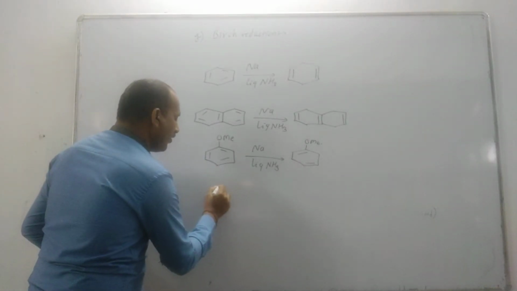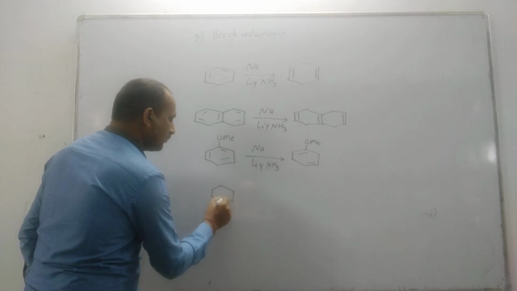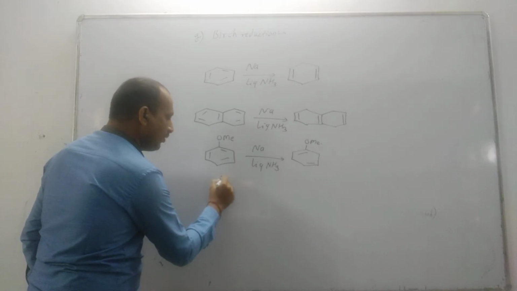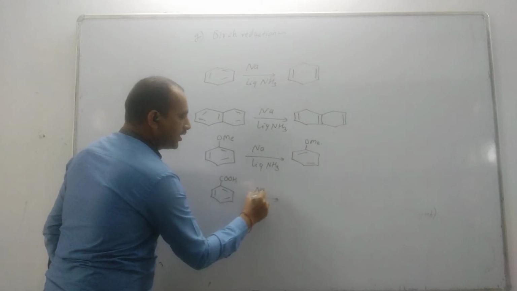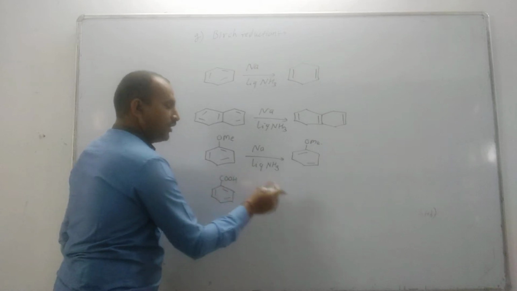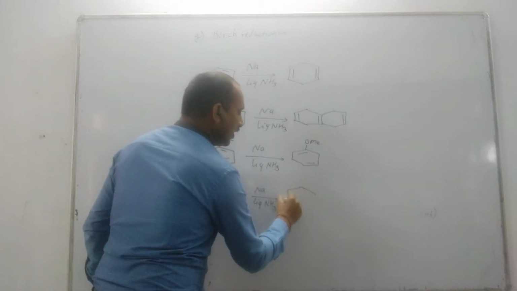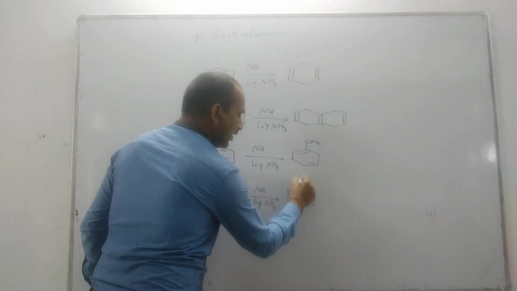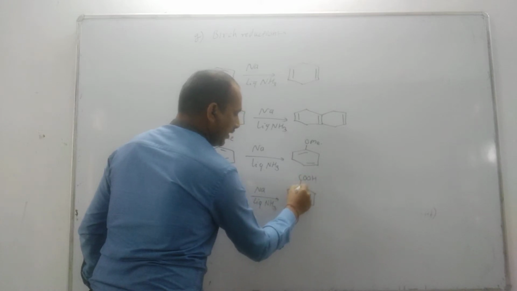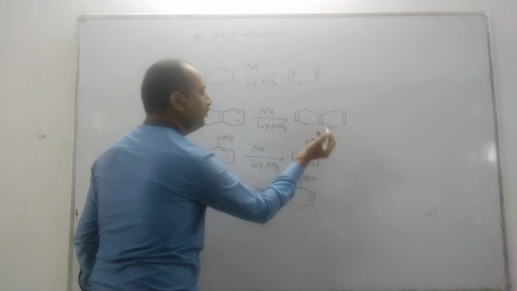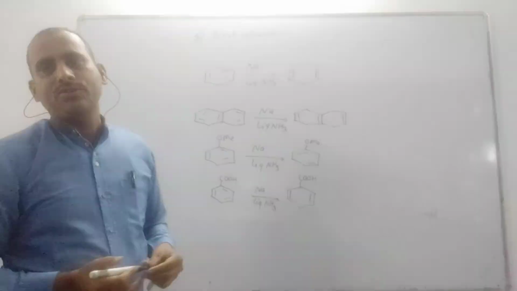Now, if an electron withdrawing group is present, like carboxylic acid, that is benzoic acid, on reduction by sodium in liquid ammonia, that is Birch reduction, the electron withdrawing group is present on the saturated carbon, and the electron donating group is present on the unsaturated carbon.